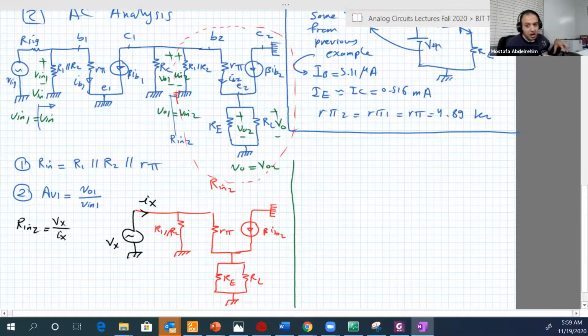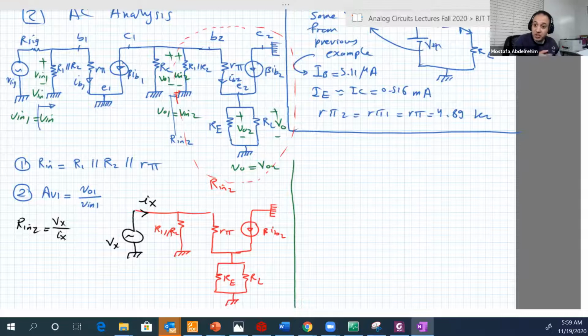Remember, I am doing R input 2 not because I want to do R input 2. I'm doing that to facilitate the analysis to get AV1, the amplification of the first stage. Okay?